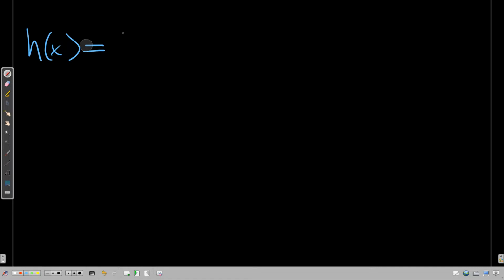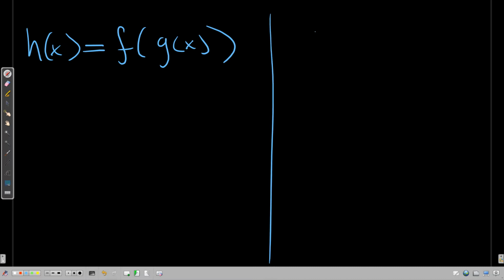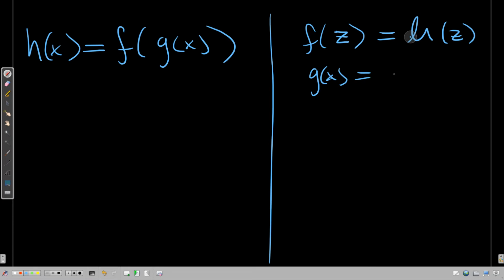And I want to show you how this function h is really some f of g of x, where f of x, let me not use x, x is busy, let's use f of z. F of z is just the natural log of z, and g of x is that polynomial, 3x cubed plus 4x squared plus x plus 4.